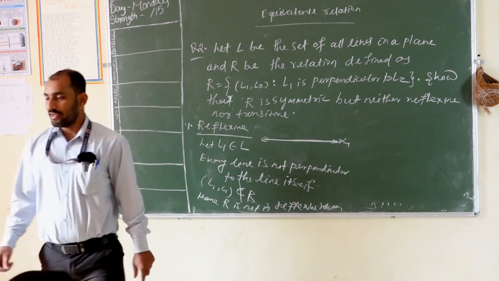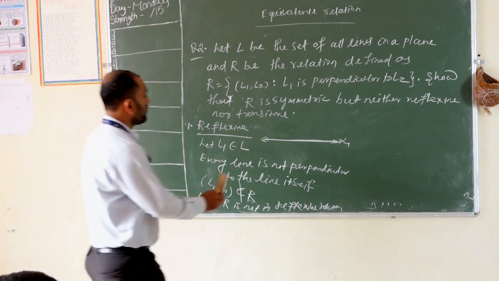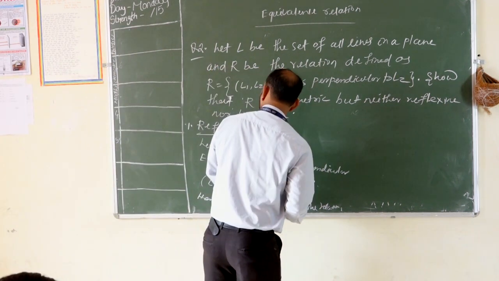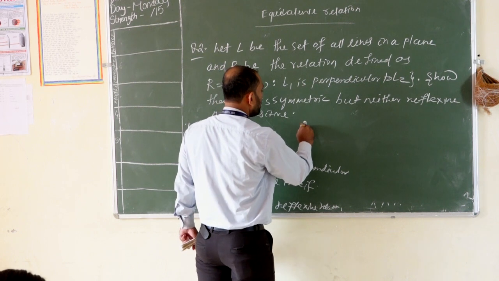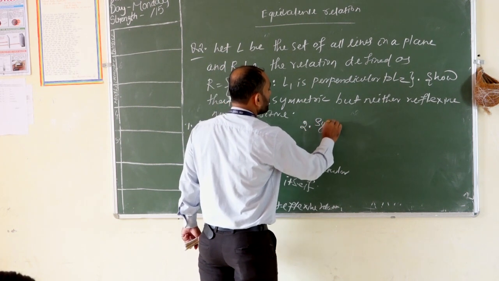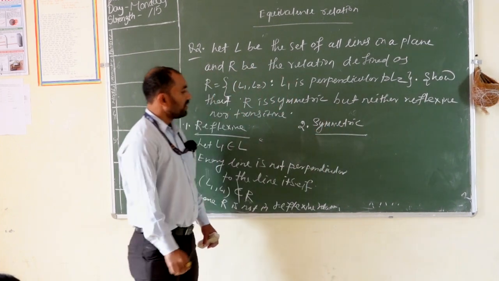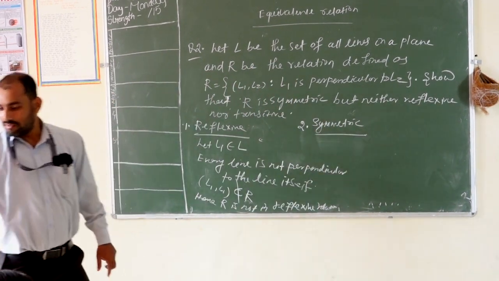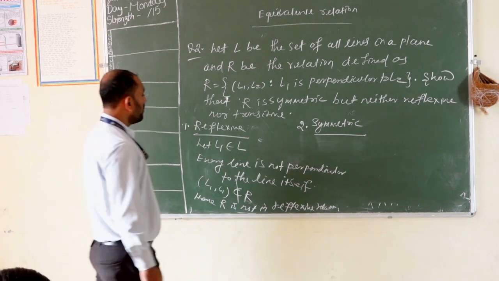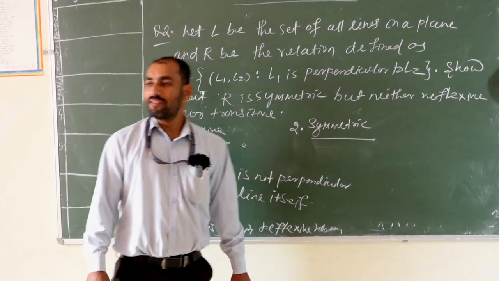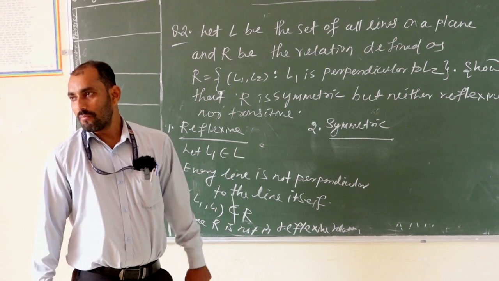Then we come to symmetric. The second one is symmetric. अब हम सिमेट्रिक रिलेशंस डिस्कस करेंगे. देखो, now in the case of symmetric relation you can take any two lines from the plane.